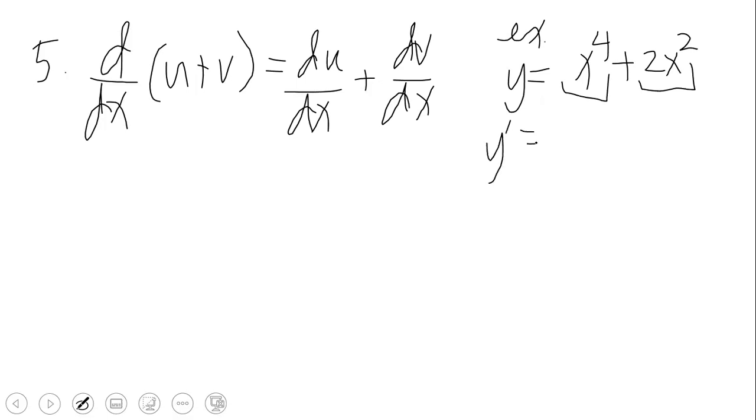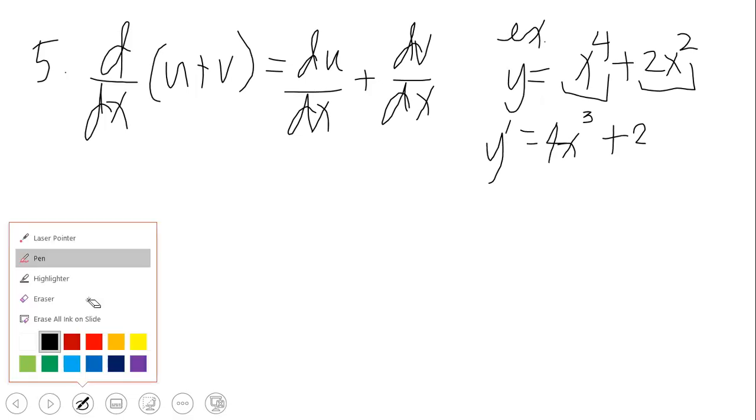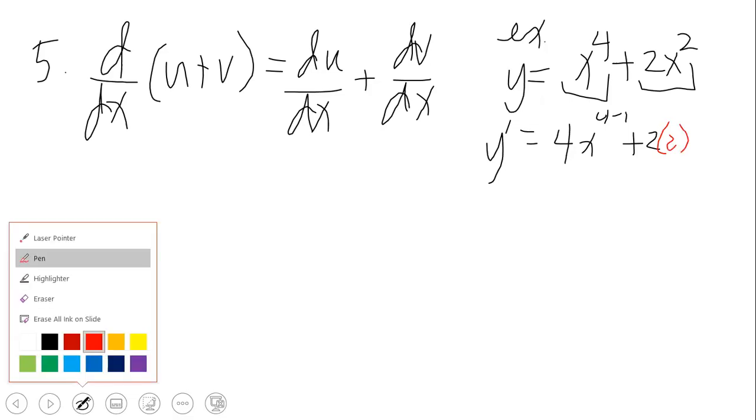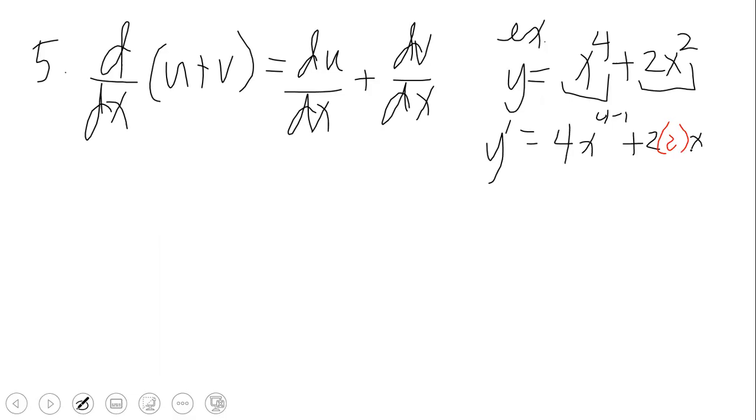So y prime will be 4x to the power 4 minus 1, plus 2 times the power 2, then x to the 2 minus 1. Therefore, we have 4x cubed plus 4x.